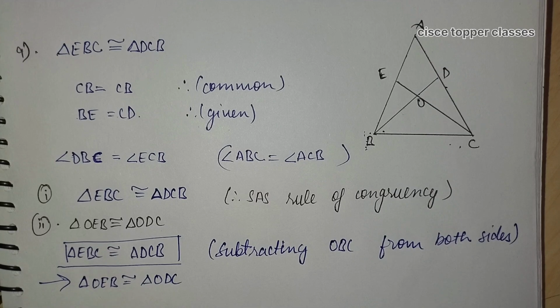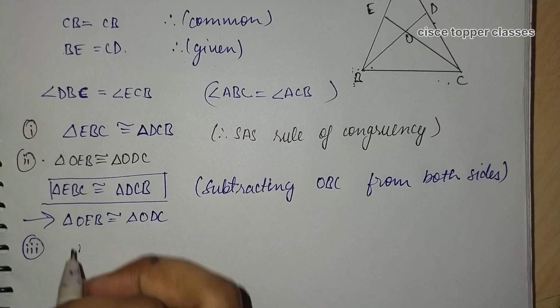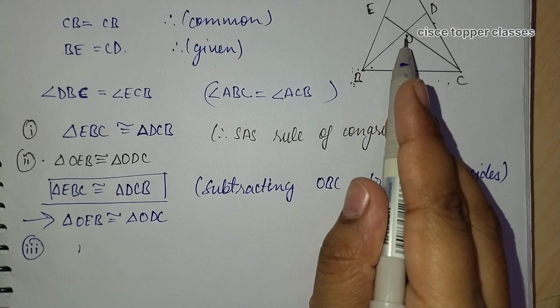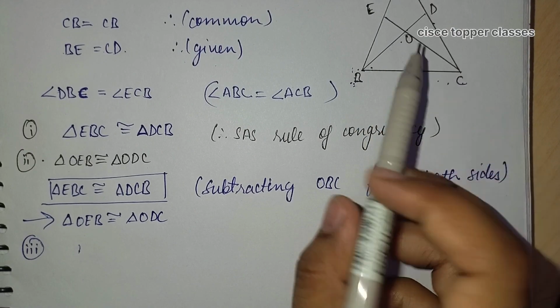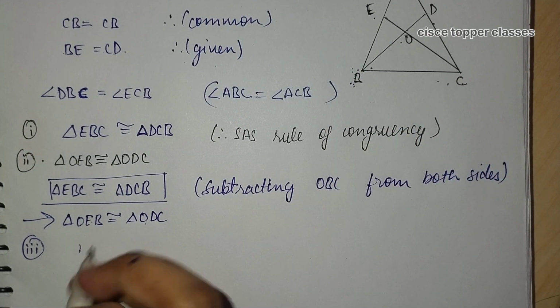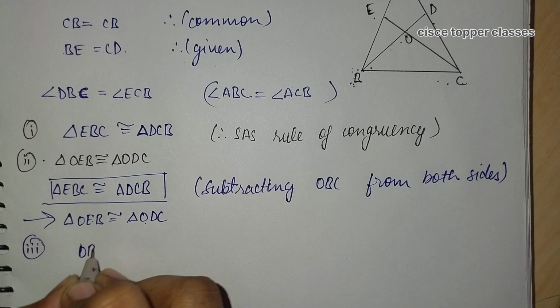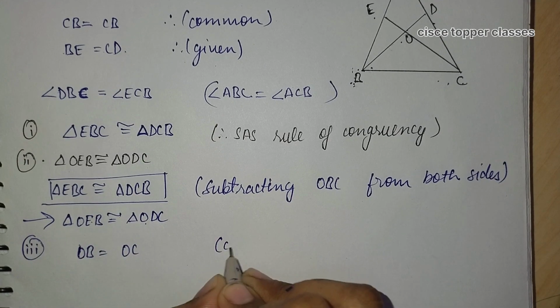So hence proved from here. Now the third part in this question, which we have to prove, is OB is equal to OC. So from this congruency we can find that OB is equal to OC from CPCT here.